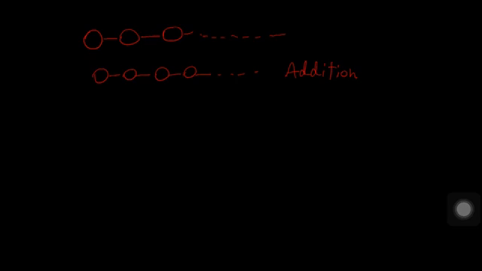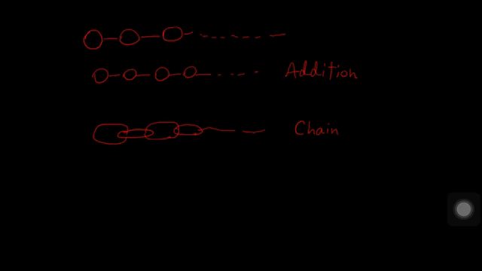Or sometimes you can say it's like you connect the chain. Here you have the first chain and you link the second chain here, and then the third chain, next, and so on. It's a chain reaction, so that's why it is called chain polymerization.